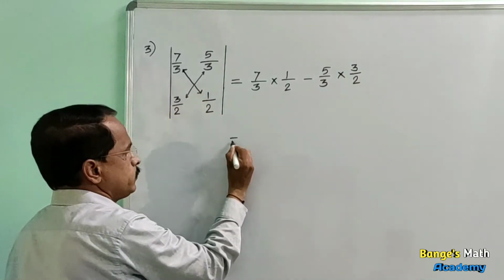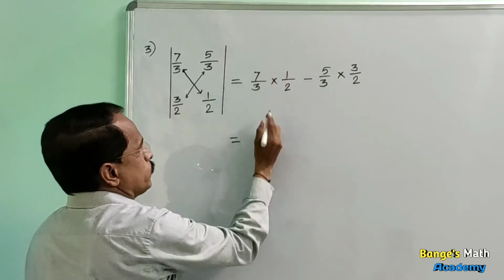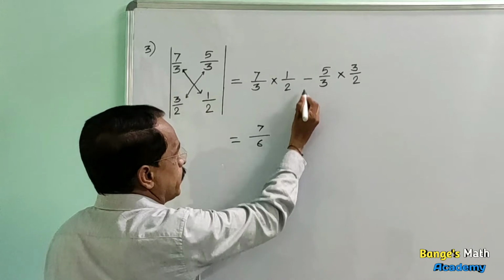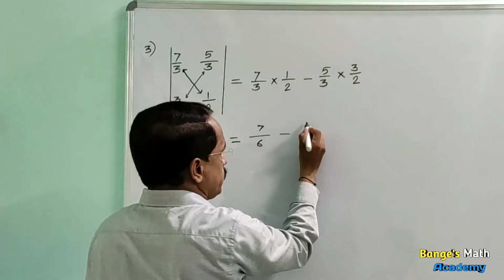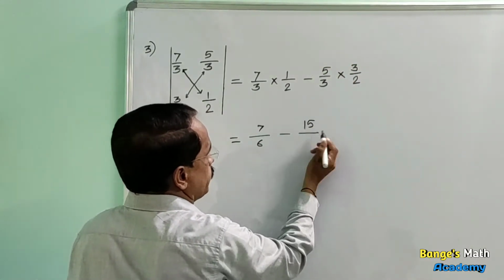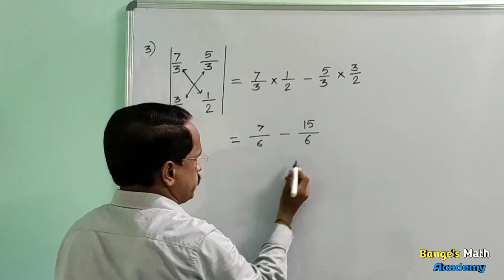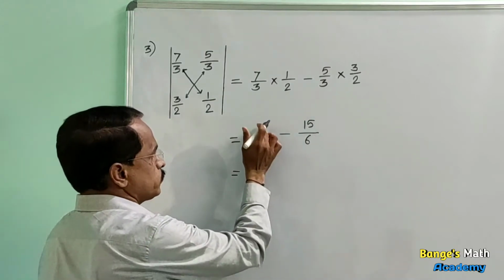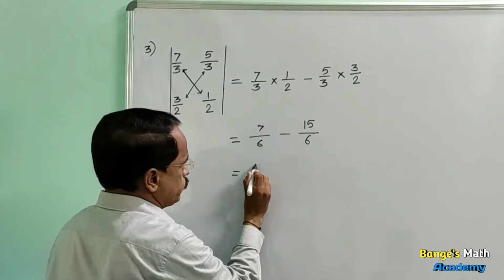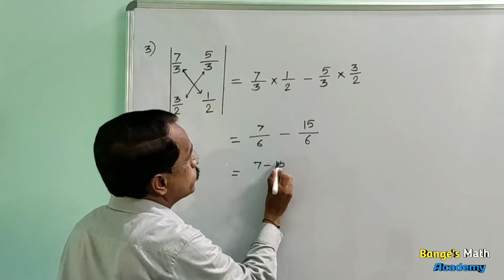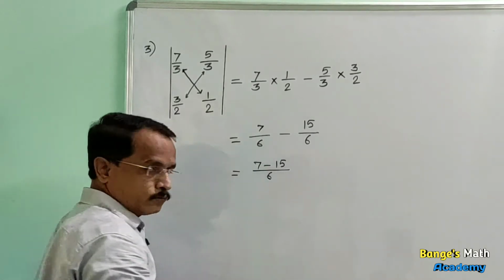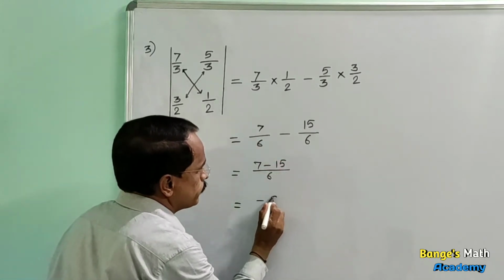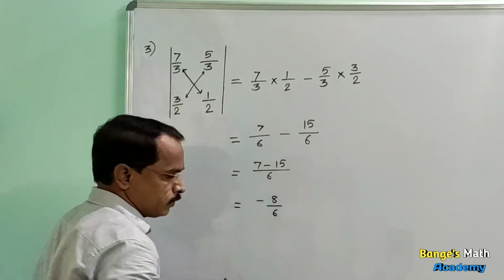Then simplify: 7 into 1 is 7, upon 3 into 2 is 6, minus 5 into 3 is 15, upon 3 into 2 is 6. The denominators of both fractions are the same, so we can subtract the numerators. 7 minus 15 upon 6 is minus 8 upon 6.